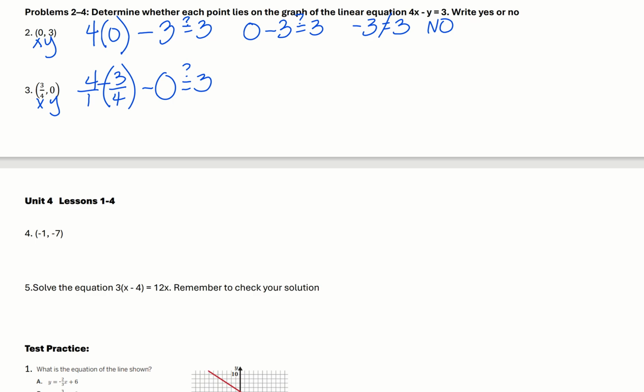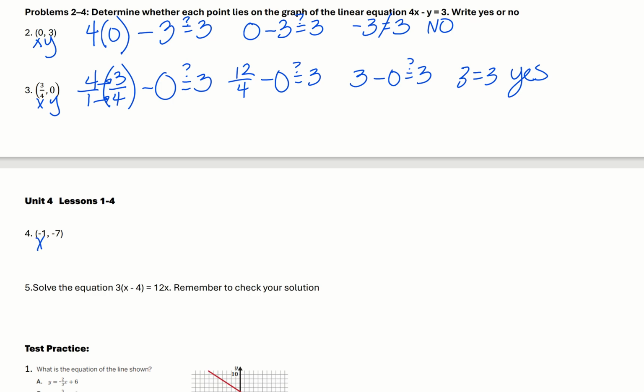Well, if I multiply straight across, because that's how we multiply fractions, I get 12 over 4 minus 0. Does that equal 3? 12 divided by 4 is 3, minus 0, 3. 3 take away nothing is in fact 3. So since that is true, we write yes. Got to do math in math class.